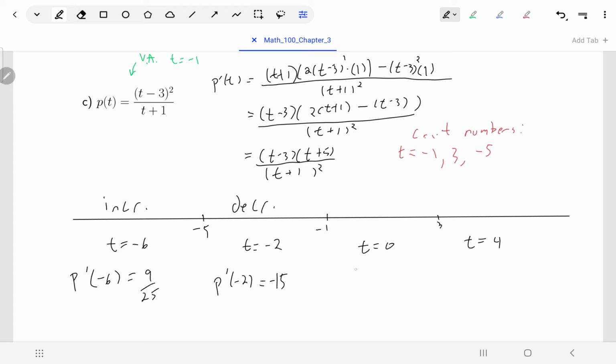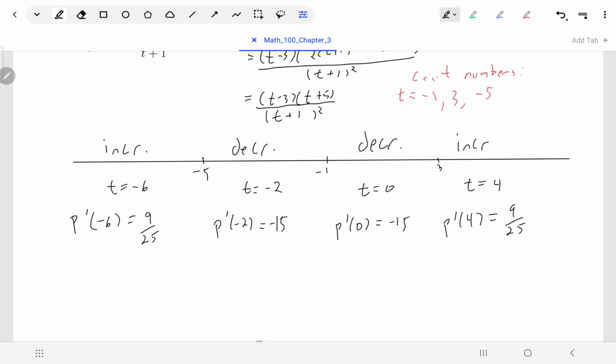At 0, p prime of 0 was also negative 15, so we are decreasing there. And then lastly, we also have t equals 4. When I put that in, p prime of 4 was equal to 9/25. So that's positive again, so we are increasing.